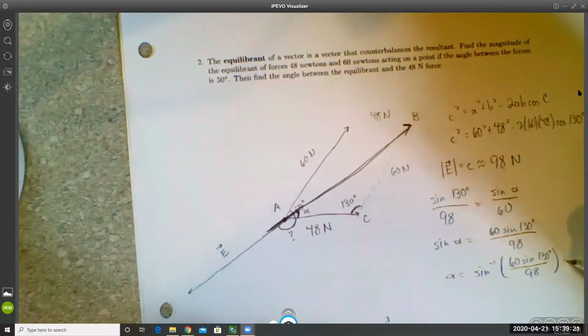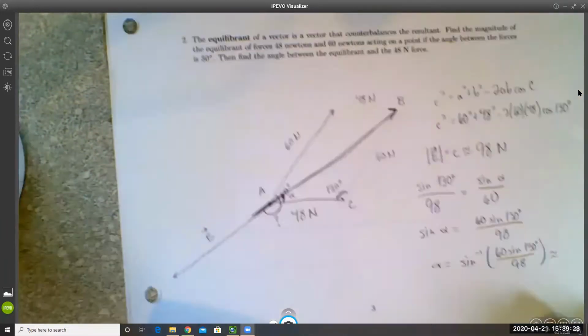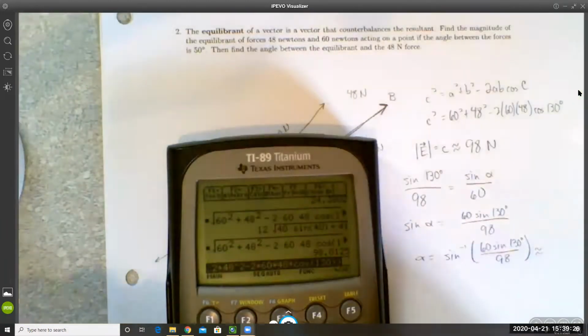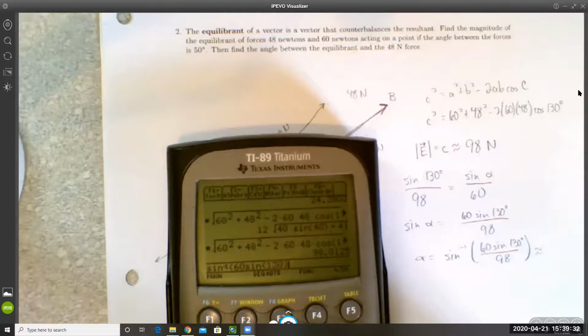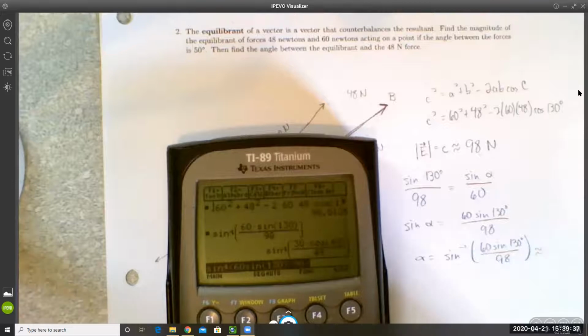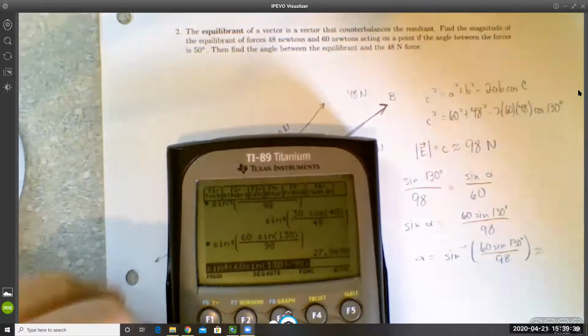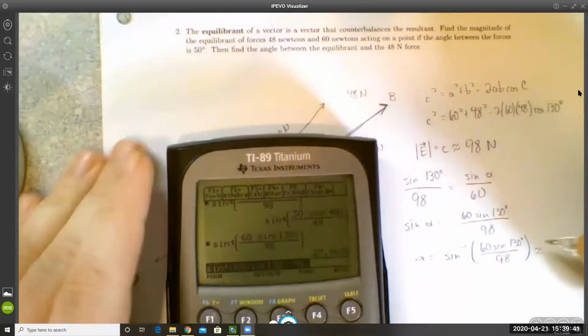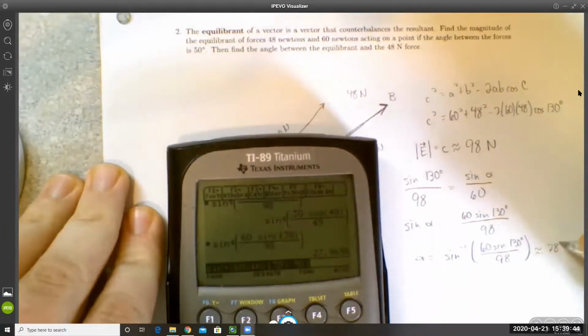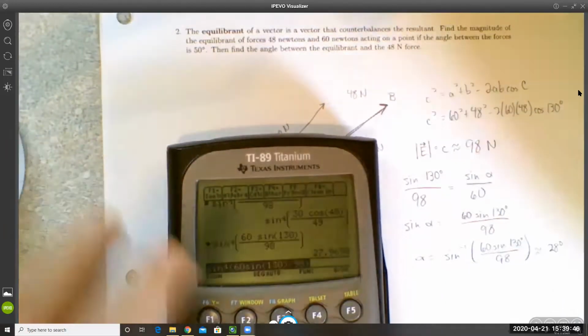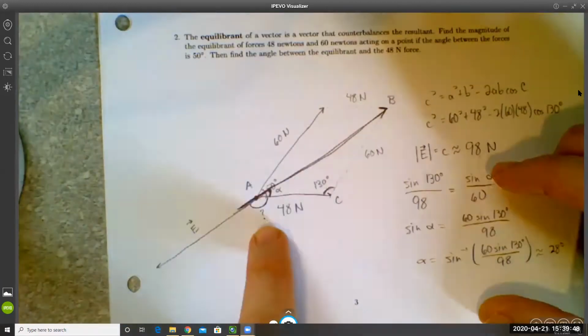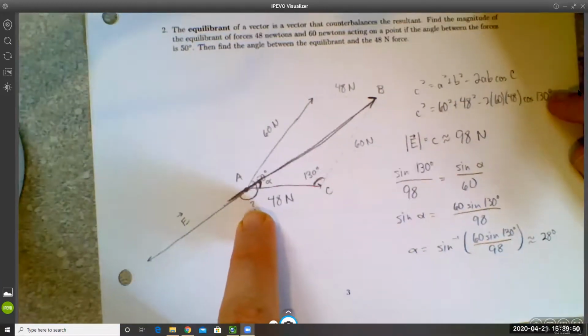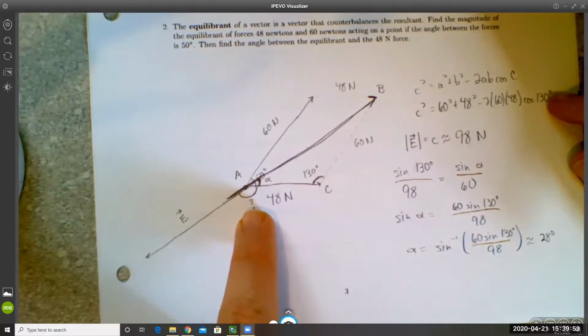Let's see about how much that is. So sine inverse of 60 sine 130 over 98 is about, again to 2 sig figs, 28 degrees. That means the angle that we're looking for is going to be 180 minus 28.